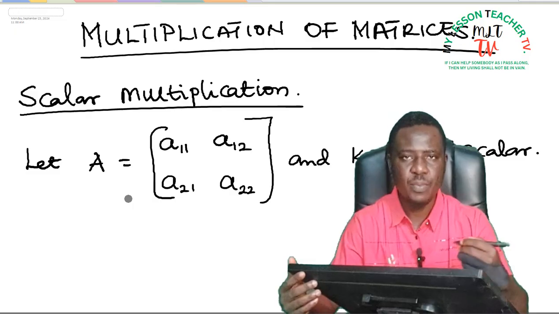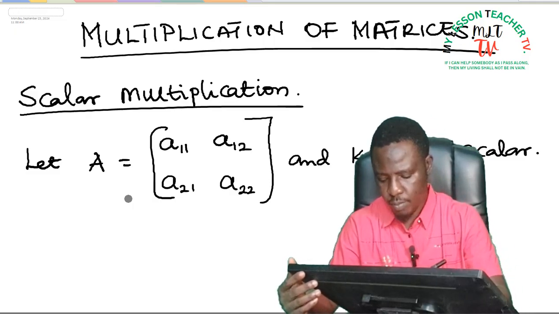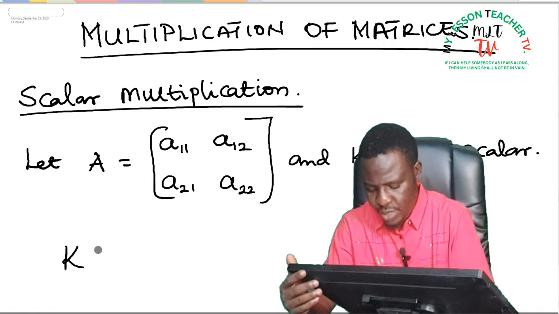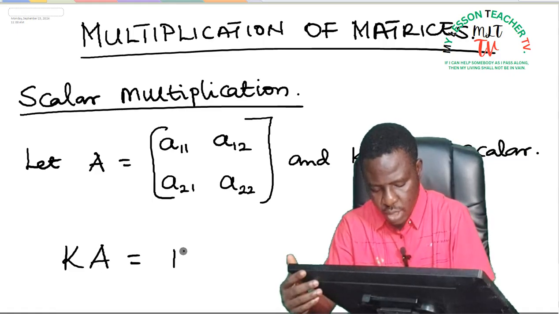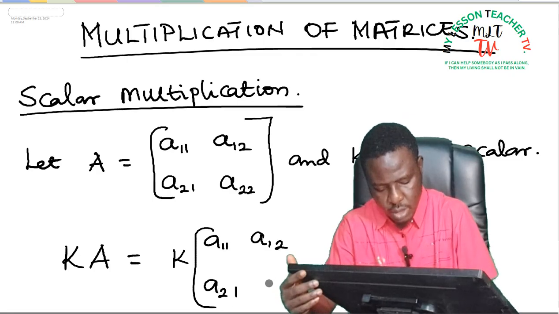If you are asked to find the product of these two, scalar multiplication can be said to be KA, and KA is equal to K times A11, A12, A21, and A22.